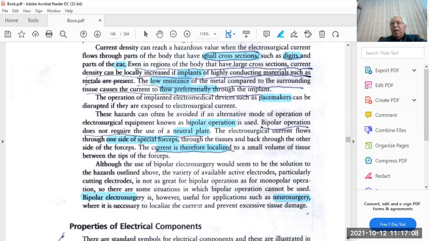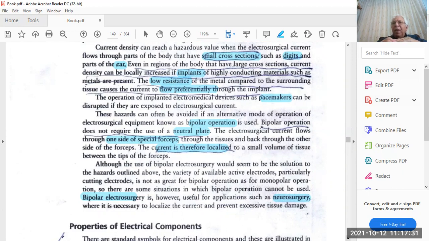The bipolar electrode, as we know, the current goes through one of the parts of the equipment and returns back to the other part, so that we are not in need of a neutral plate. This will decrease the incidence of burns.